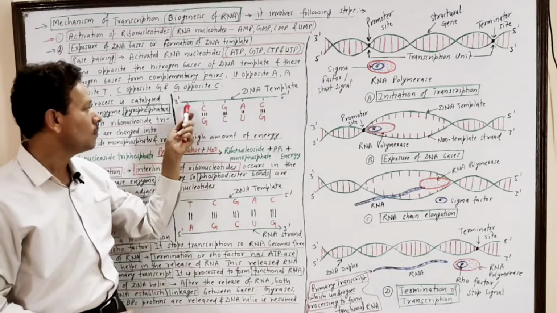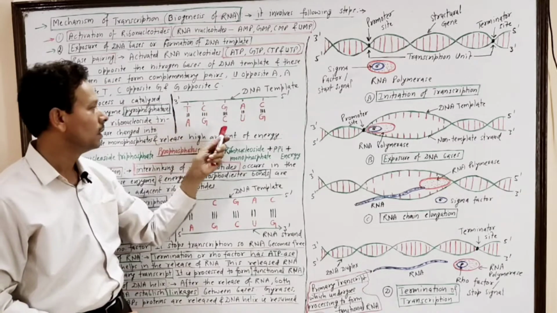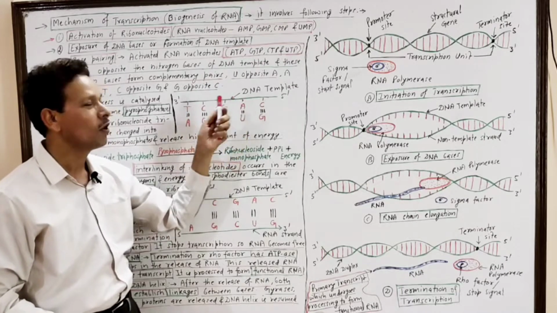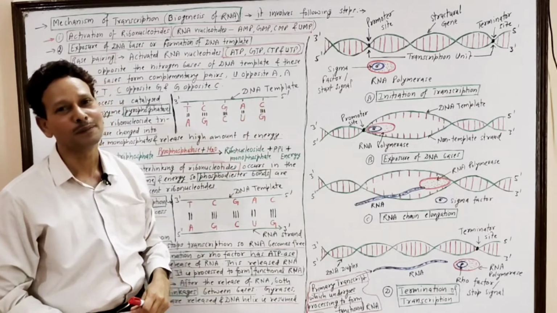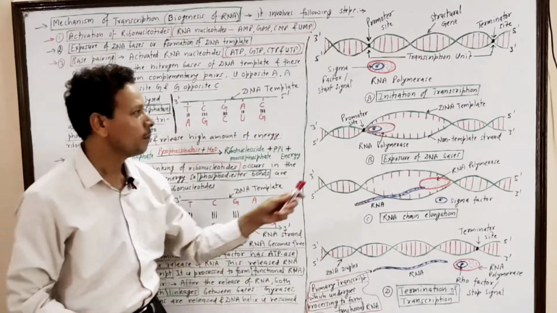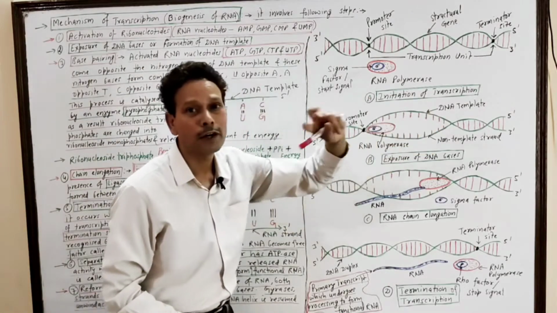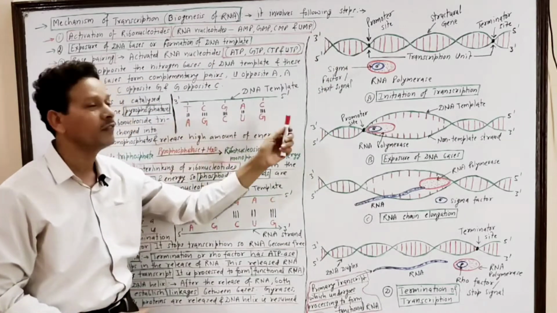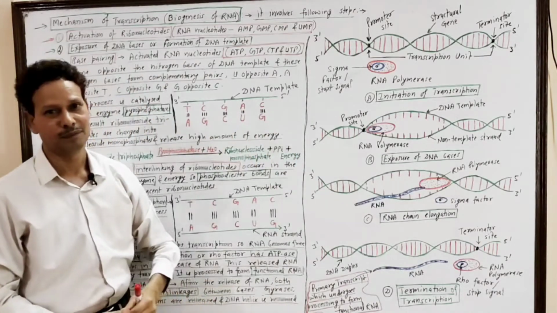A comes opposite to T, G opposite to C, C opposite G and U opposite A. This is base pairing between the unpaired nitrogen bases of the DNA template and the activated nitrogen bases of RNA.